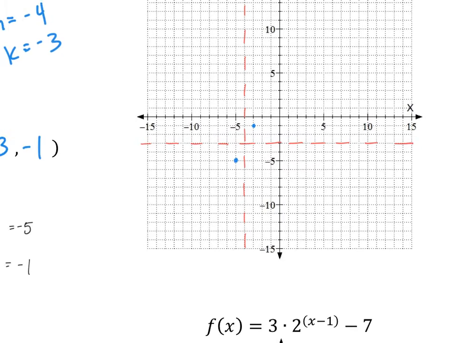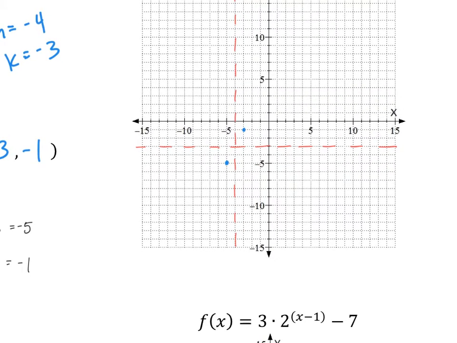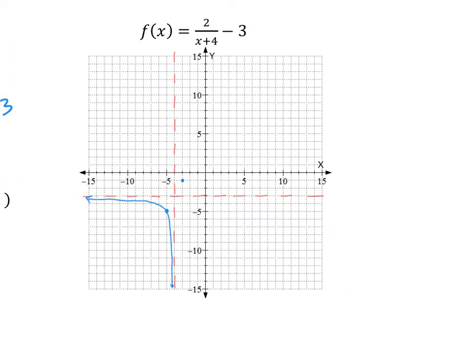Okay, and then we just have to know the general shape. You know, the graph goes through these points. So here it'll go towards this asymptote and then go up towards the other asymptote. Okay, same thing with this point. Go now up towards this asymptote, closer and closer, and then down and closer to this asymptote as it goes.